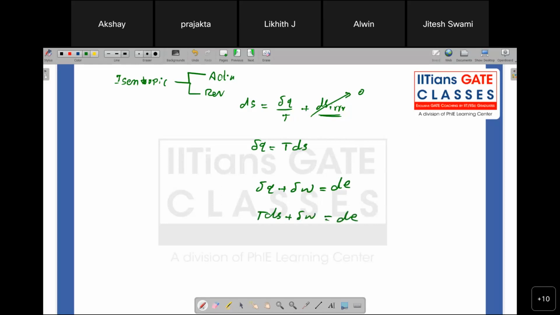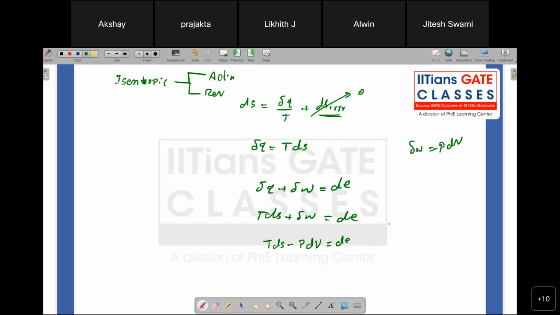We also have a relation for flow work, delta W, which is equal to PdV. If I replace that, or minus PdV, it depends on the direction you take, so TdS minus PdV equal to dE.